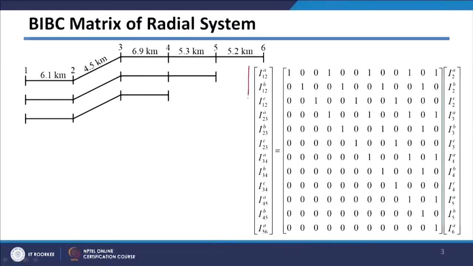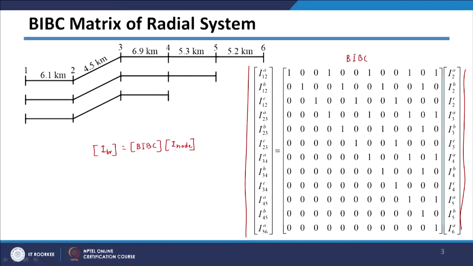These branch currents can be calculated from nodal currents using this BIBC matrix. So, just collectively I can write this as I branch is equal to your BIBC matrix into your I node currents.